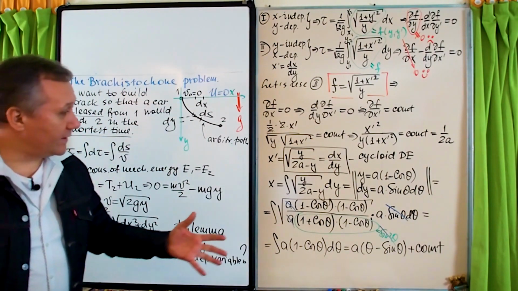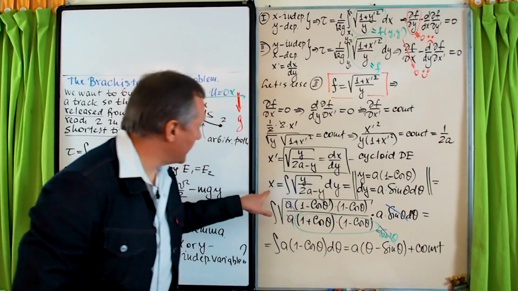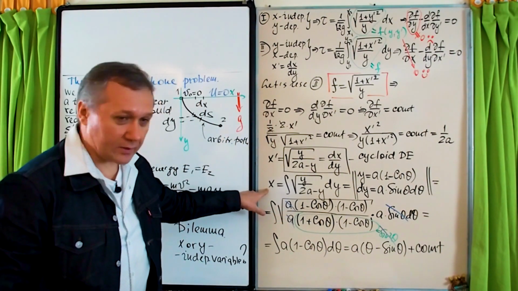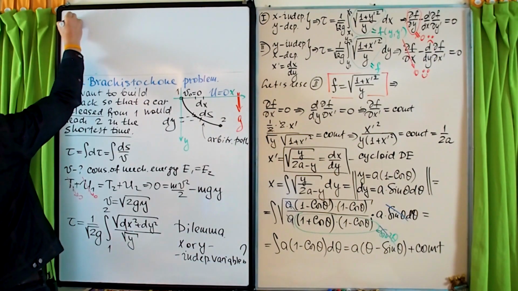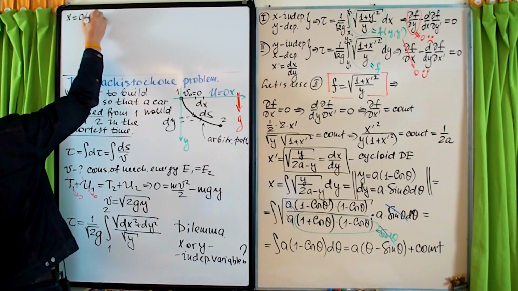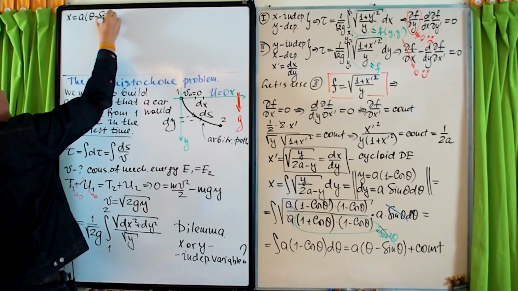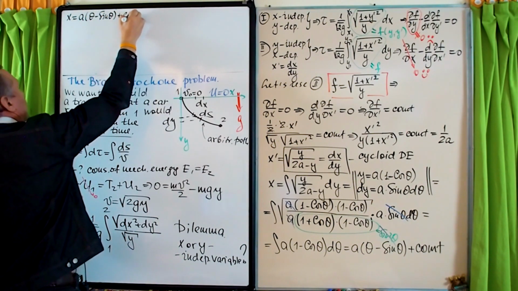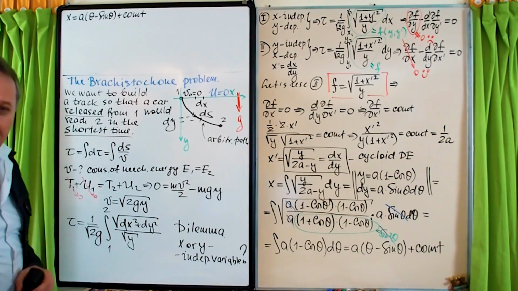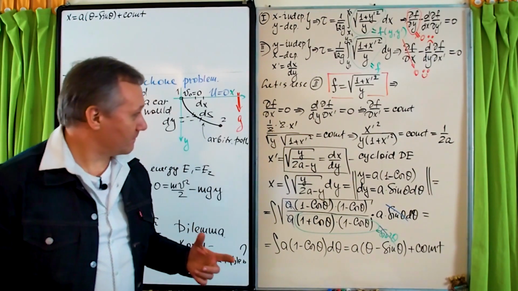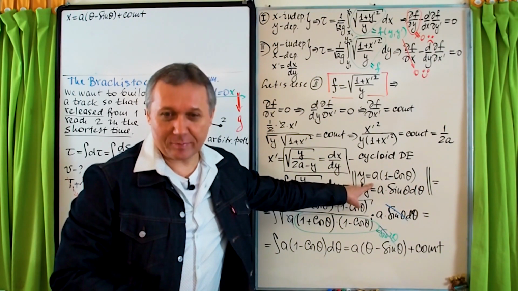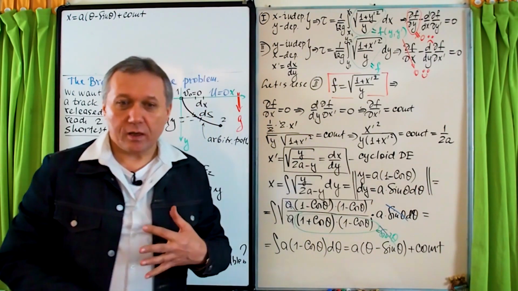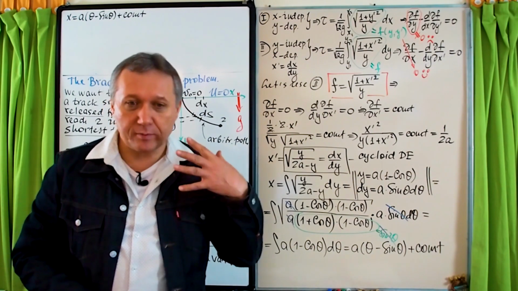And so now this is what we found. This is x. You see, x equals this, right? So let me rewrite that. x equals a theta minus sine theta plus constant. And where is y? In our substitution, right? The replacement. So basically, we have a parameter.